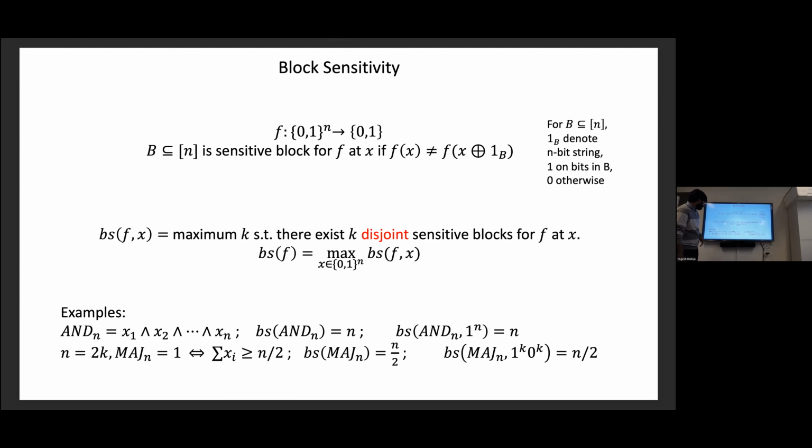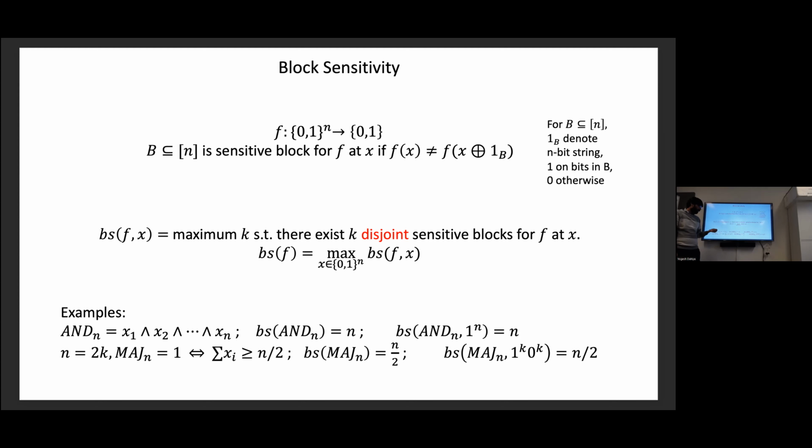And here are some examples. For example, in the case of the AND function, if you look at the all-ones input and flip any bit, you'll get a 0 output, right? So every bit of the all-ones input is sensitive, so the sensitivity of the AND function is n.